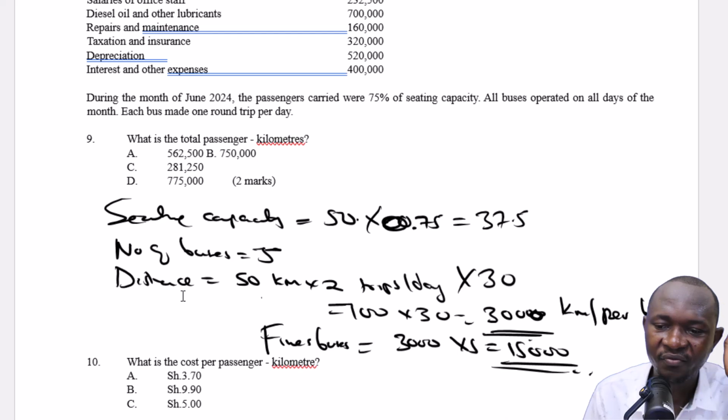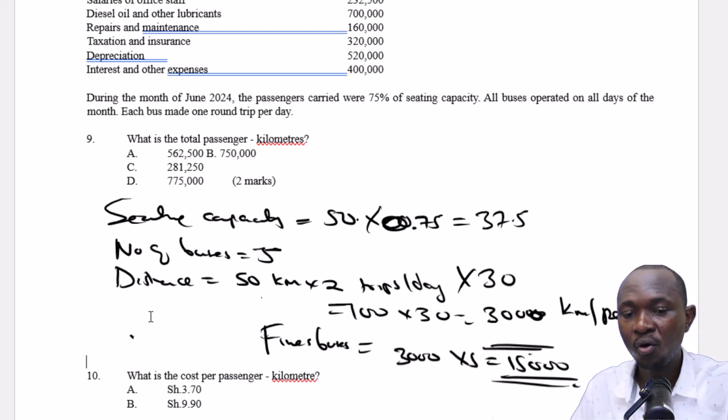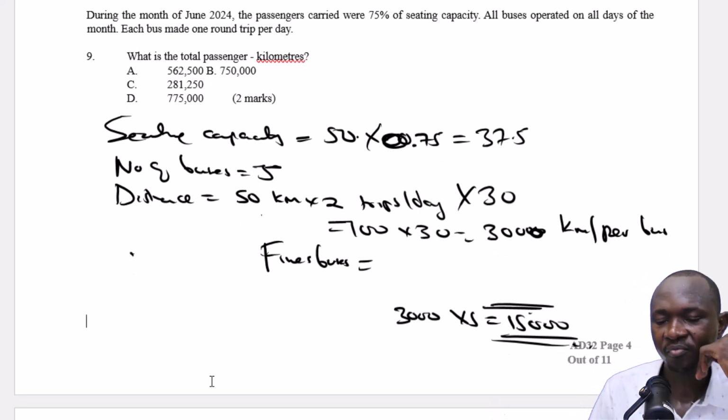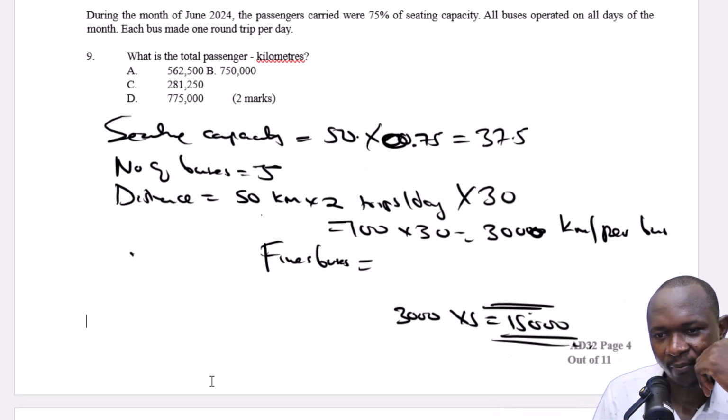So that is 15,000 for all the 5 buses. Yeah, 15,000 kilometers. And that is for all the 5 buses in a month.